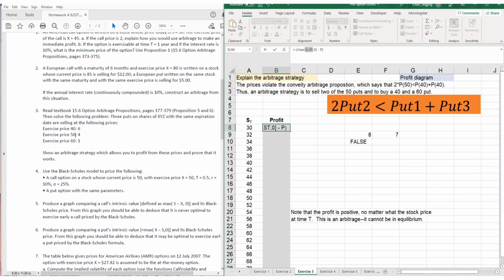Okay, X minus ST, X will be 50 minus ST. Subtract the put price, which is 4. I'm going to use 2 times this since you will sell 2 of the 50 puts. So selling means you have a negative sign here.